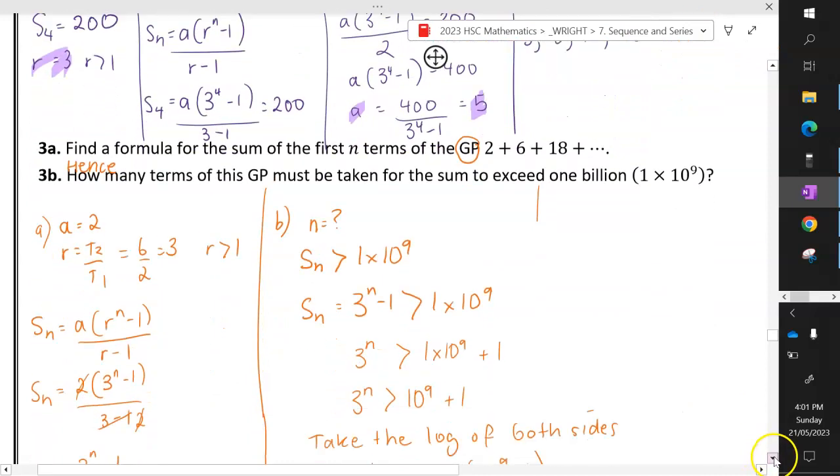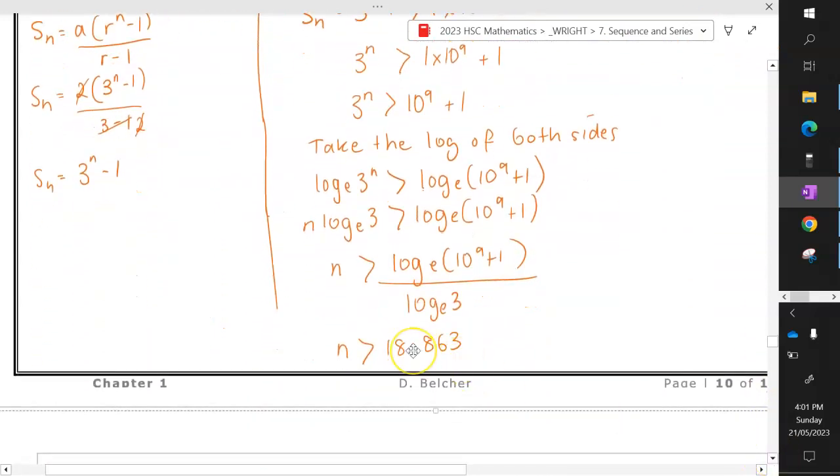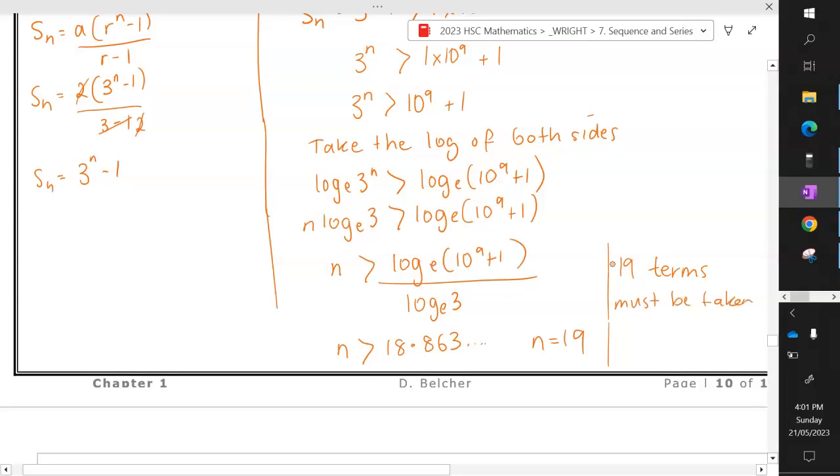So n must be greater than 18.863. We can't have a partial n because remember n is the position of each of our terms. So n must be greater than 18.863 and there's a few values after that. So n must be 19. Answering their question, 19 terms must be taken to exceed 1 billion for the sum.